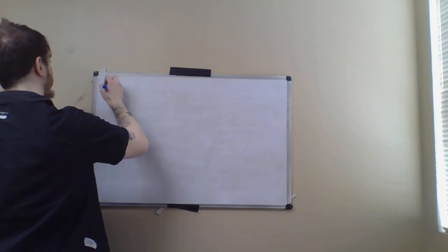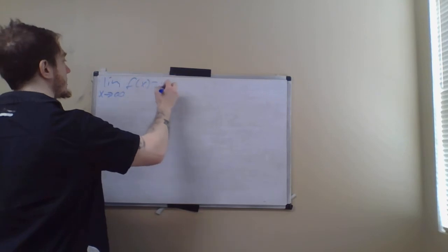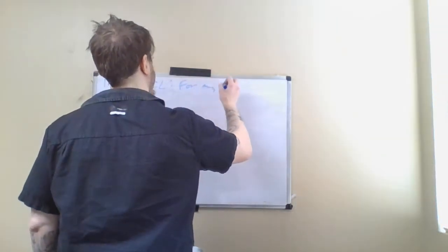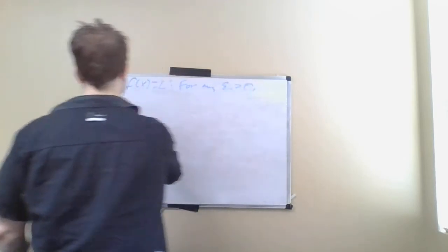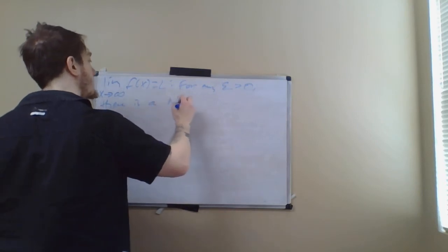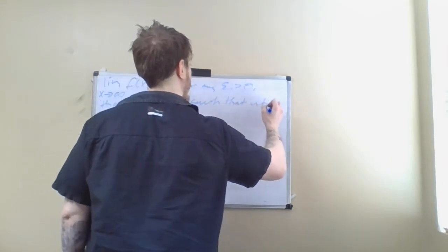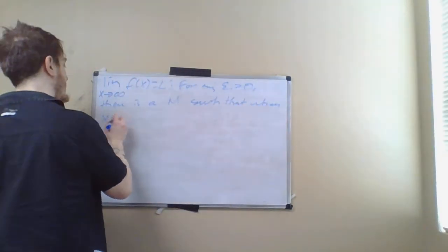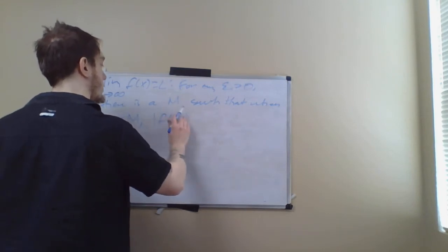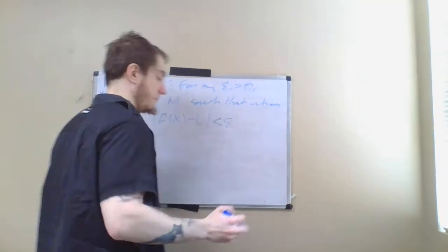So we will say that the limit as x approaches infinity of f of x equals L. This means that for any epsilon bigger than 0, there is a value m such that when x is bigger than m, the absolute value of f of x minus L is less than epsilon.